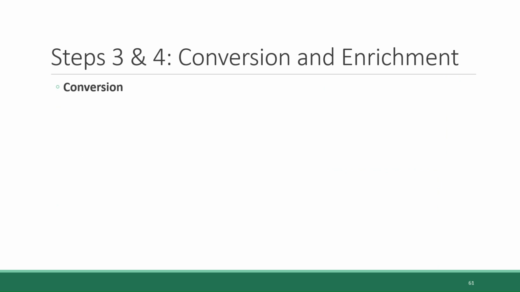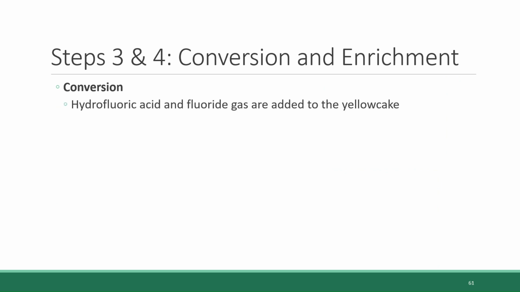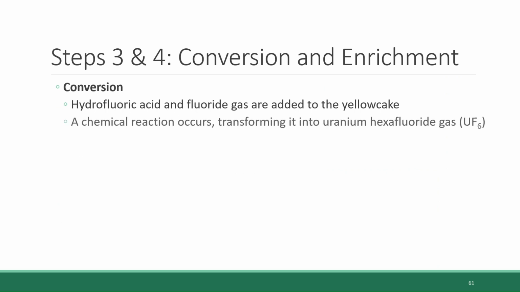And the way of concentrating that uranium 235 is by converting first the yellow cake into a gas in a process called conversion. This is done by adding hydrofluoric acid and fluoride gas to the yellow cake, which results in a chemical reaction that converts it into uranium hexafluoride gas, or UF6.